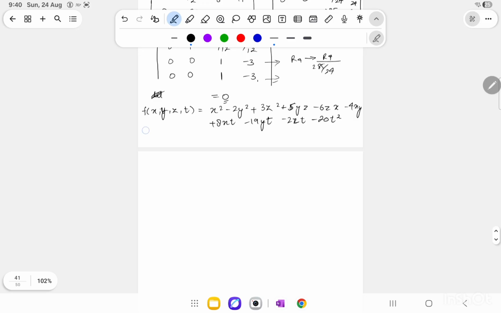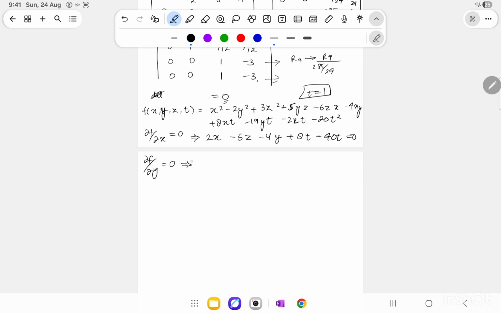So now we are supposed to solve del f by del x equals to 0. So this gives us 2x minus 6z minus 4y plus 8t minus 40t equals to 0. I have taken my t as equals to 1. Likewise, I'll get del f by del y equals to 0.